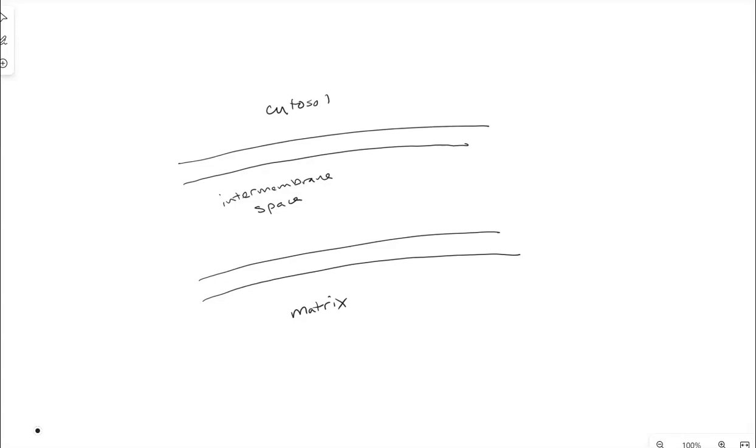And along this inner membrane, we'll have our complex 1, our complex 2, our complex 3, our complex 4 here, and these will be pushing protons from the matrix side.